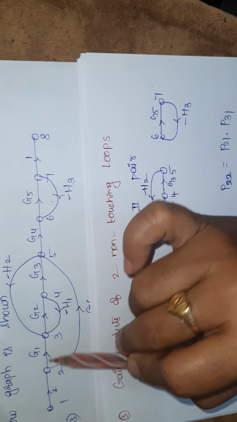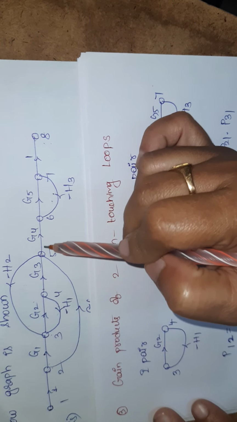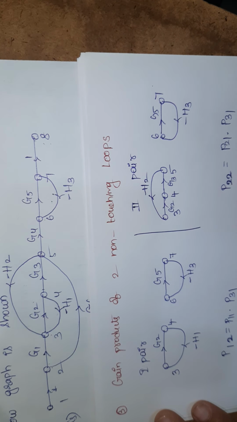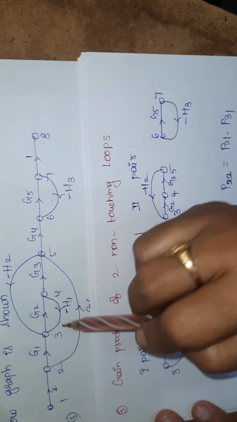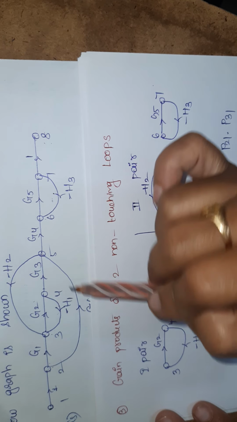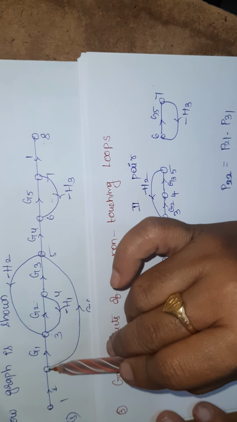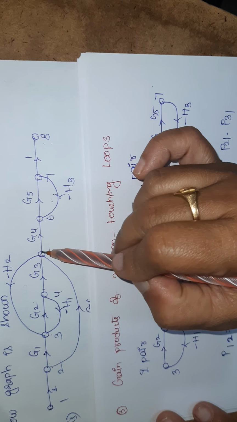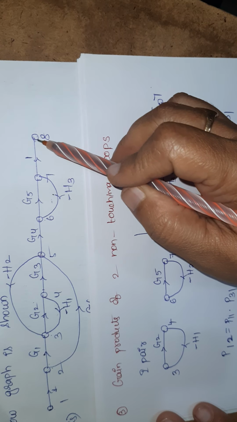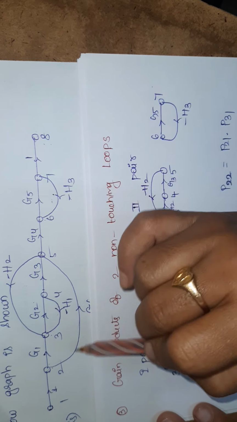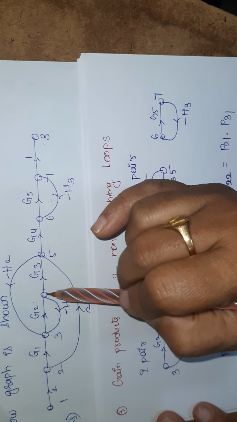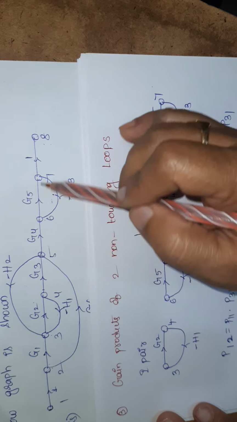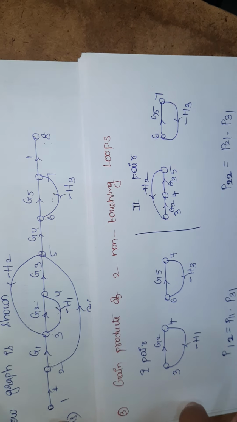From 1, 2, 3, 4, 5, like this. For this first forward path, all the nodes are touching. If I consider the second forward path, is there any node which is not touching that forward path? Yes, this is a loop which is not touching this forward path, right? So I am having del 2.